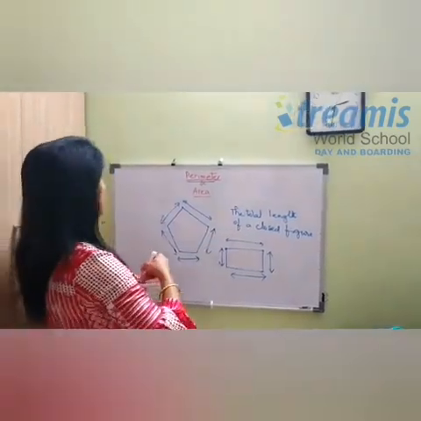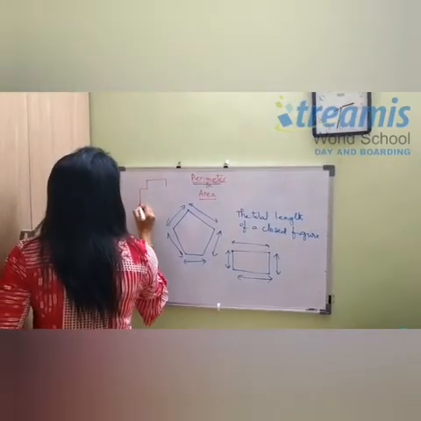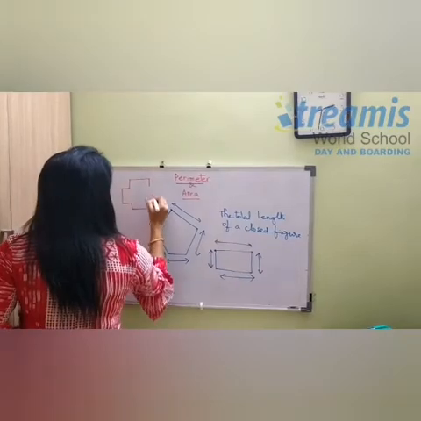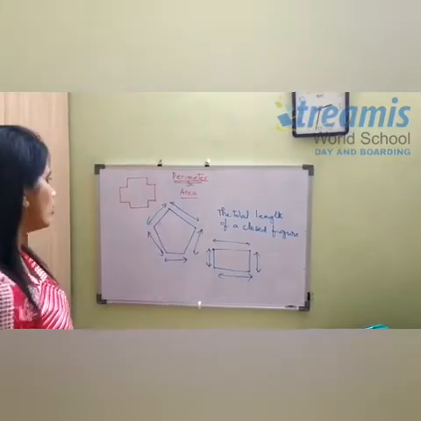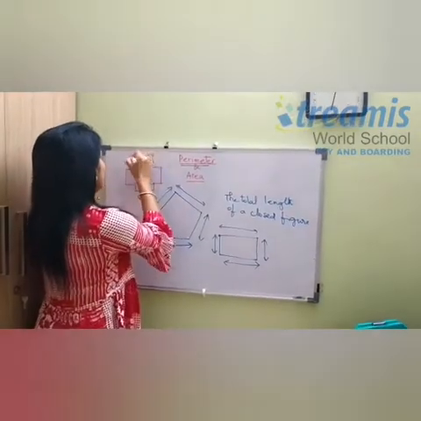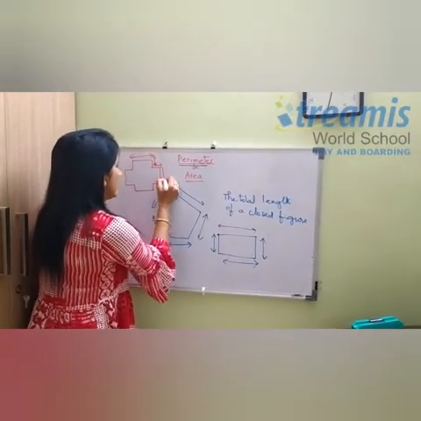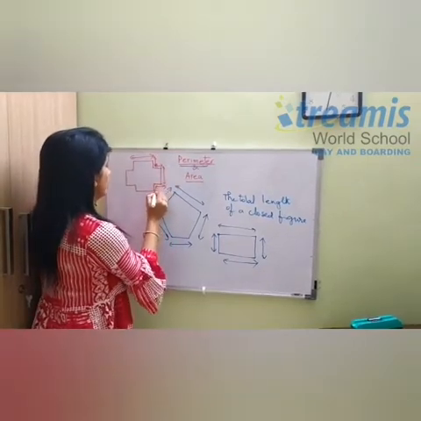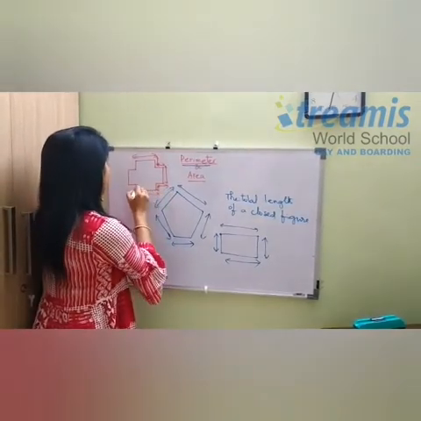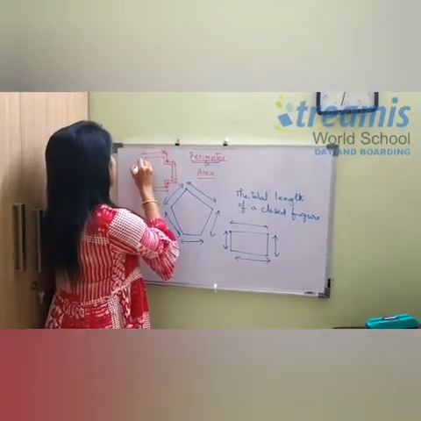Now, if I take a figure which is neither a rectangle nor a triangle, see here, how will I calculate the perimeter of this? The length will start here. So I calculate the length of each and every side. Then when I add them up, I get the perimeter of this figure.